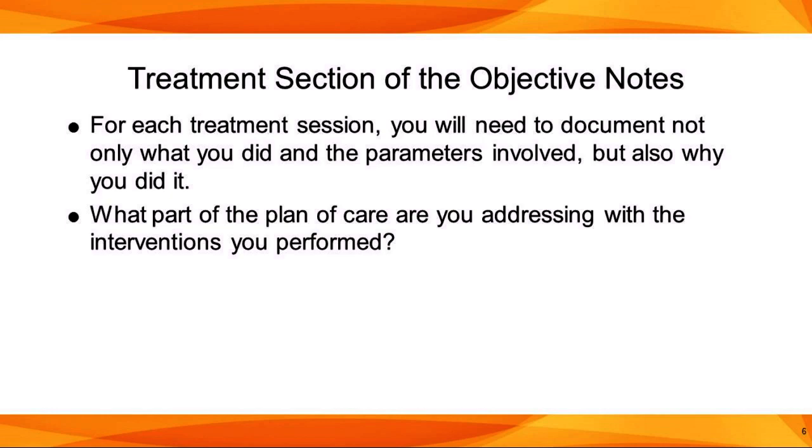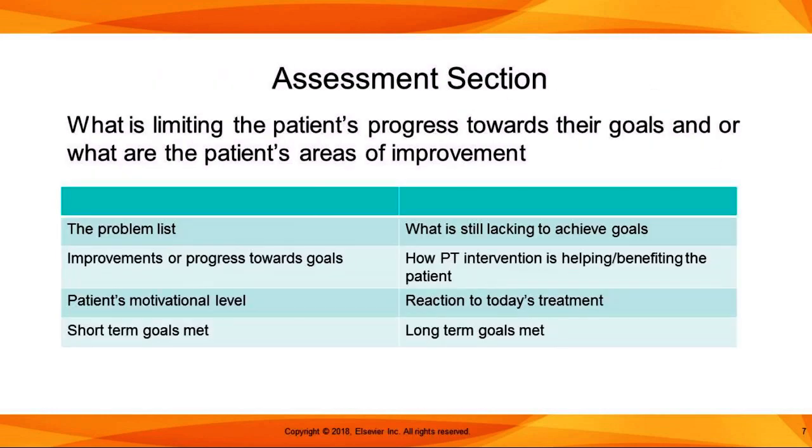Pretty important. The assessment section, we want to talk about either areas of improvement or areas that need improvement. So what's limiting the patient's progress towards their goals, or what are the patient's areas of improvement? So you might list what the existing problems still are. You might say what progress they've made.